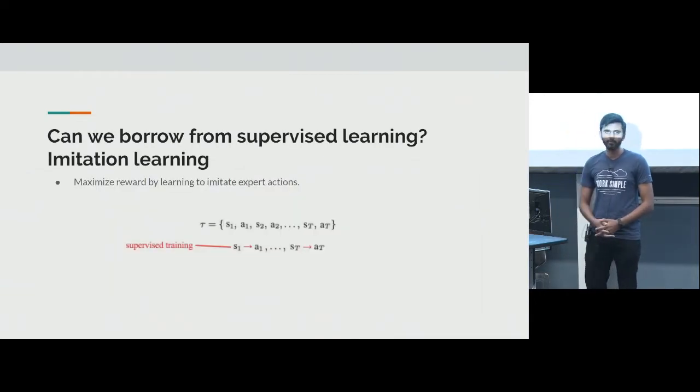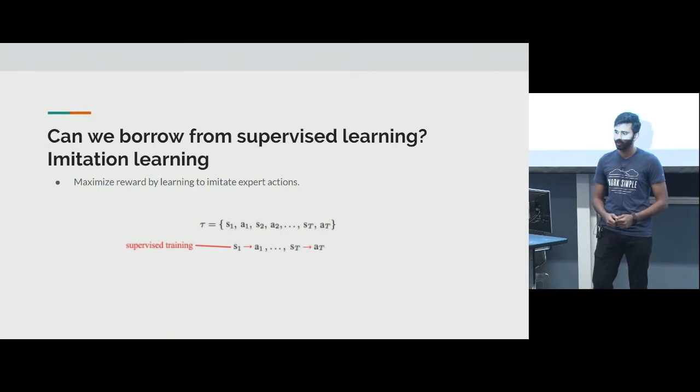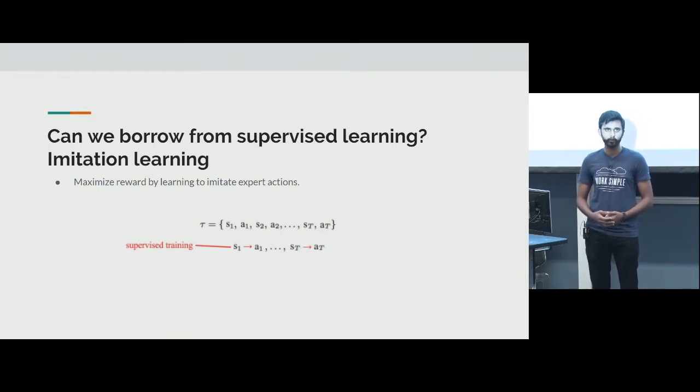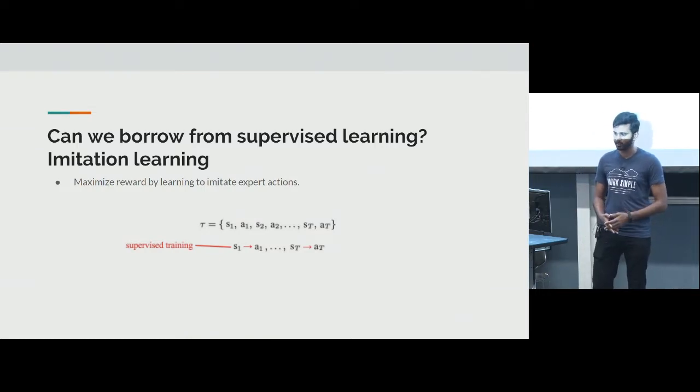So far, we've seen how we learn by interacting with the environment, but we've also learned supervised learning, where you provide input data and output data, and then you learn the mapping between the two. Can we borrow ideas from there?